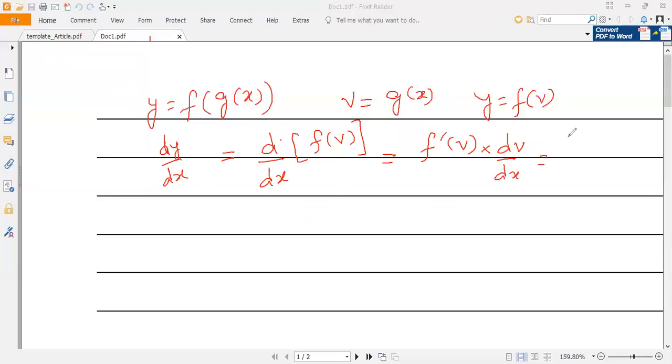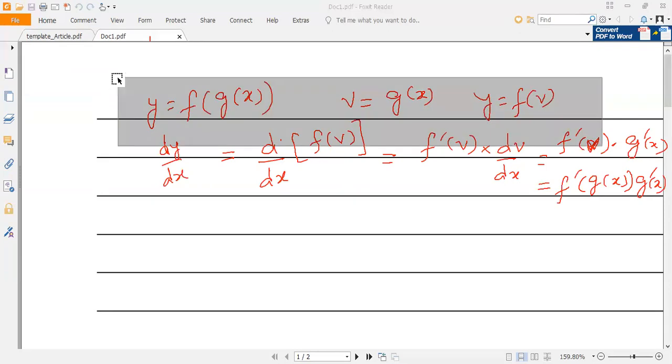That will be equal to f dash of v multiplied by g dash of x. So this is basically f dash of g of x multiplied by g dash of x. This is what the chain rule is all about.